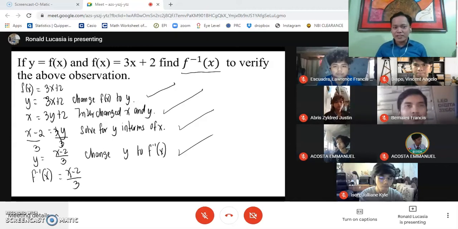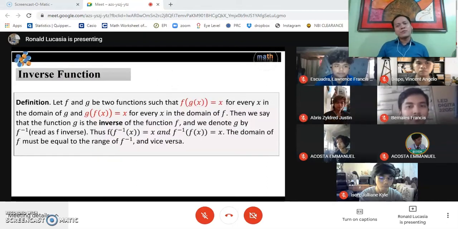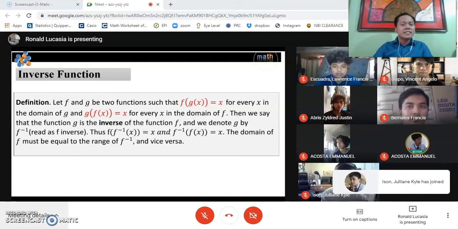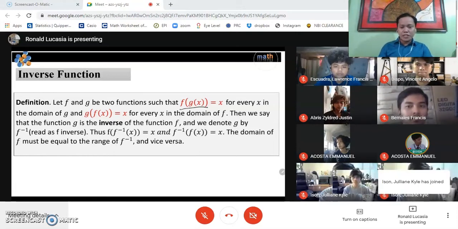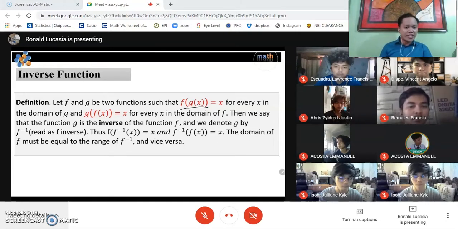Okay, any questions so far? Okay, very good. So we can now define inverse function as: let the functions f and g be two functions such that f of g of x is equal to x for every x in the domain of g, and g of f of x is equal to x for every x in the domain of f. Then we say that the function g is the inverse of the function f.